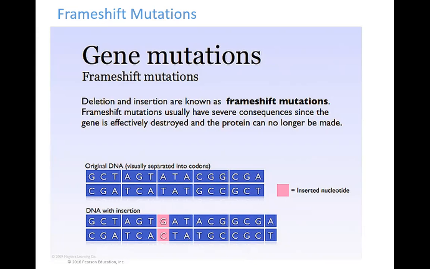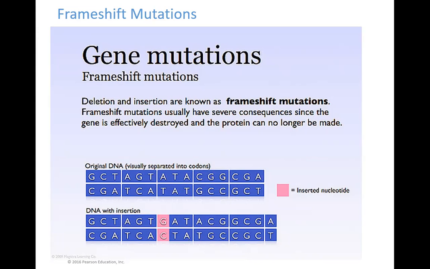But suppose we insert an extra nucleotide on both strands of the DNA. The third codon is now altered. Instead of ATA, the codon on the top is GAT, and the codon on the bottom is CTA. That means everything slides down one nucleotide. So instead of the fourth codon being CGG, it's now ACG.